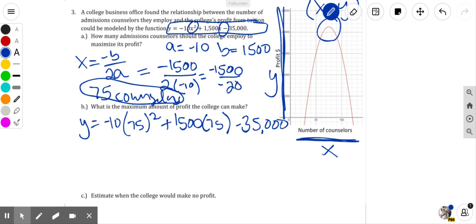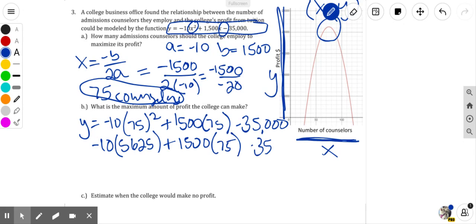So you're going to do exponents first. So we're going to do 75 squared. 75 times 75. So this is negative 10 times 5625. I'm just going to rewrite everything else: 1500 times 75 minus 35,000.